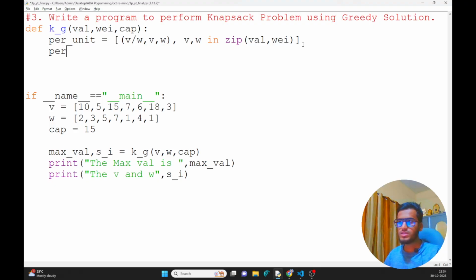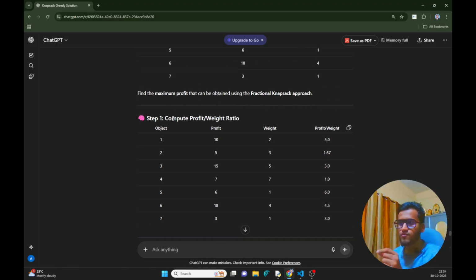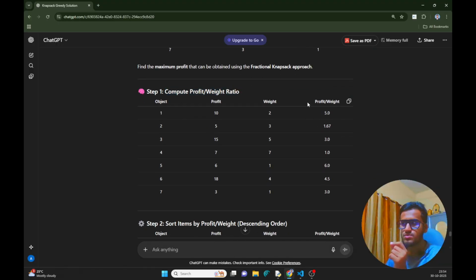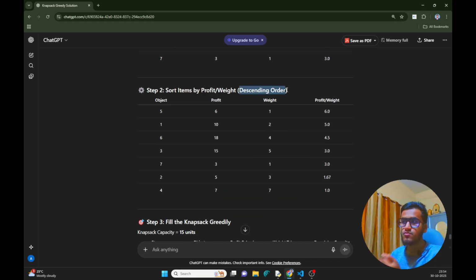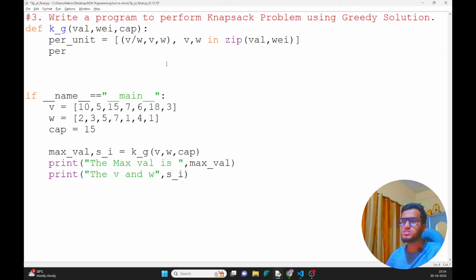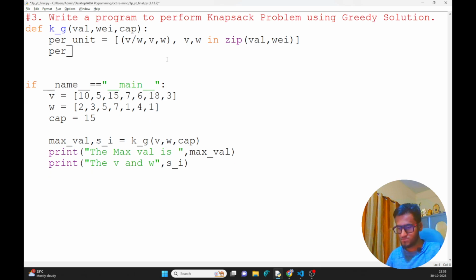So we did the first step, right? The first step was we calculate the profit divided by weight. The second step is decreasing order, right? So we will do the decreasing by using the function called sort.